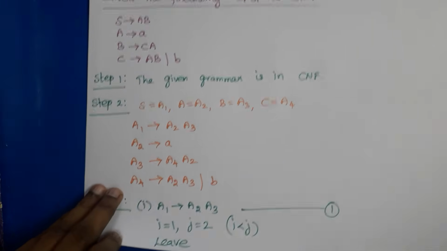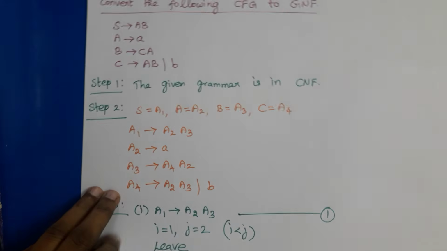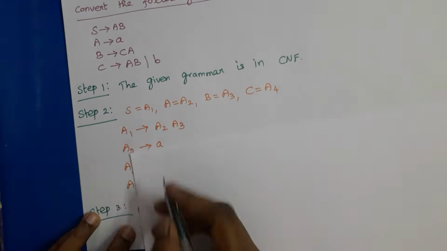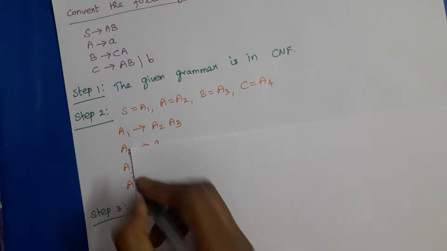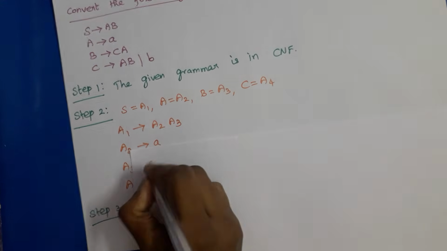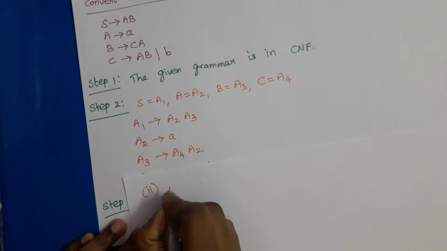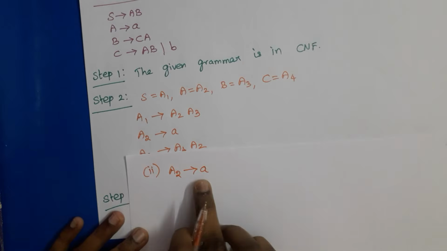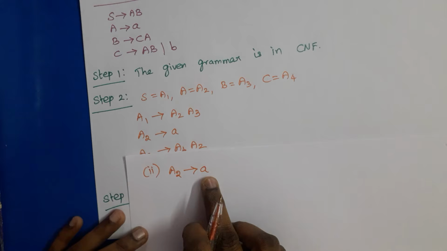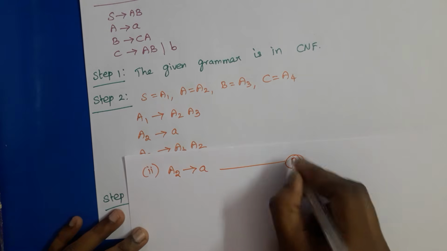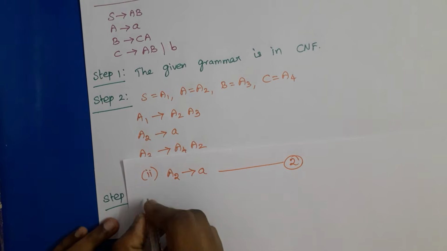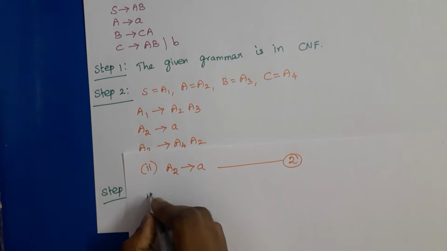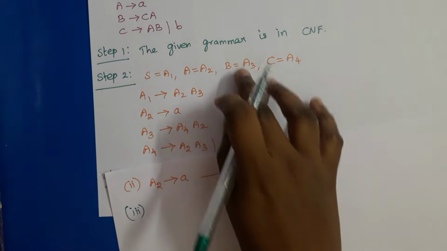Okay. So now the second equation. Consider this one, A2 implies a. In this equation it is already in the GNF format, right? A variable tends to terminal symbol, so there is no need to do anything. So this is equation number 2. So now we need to consider the third equation.